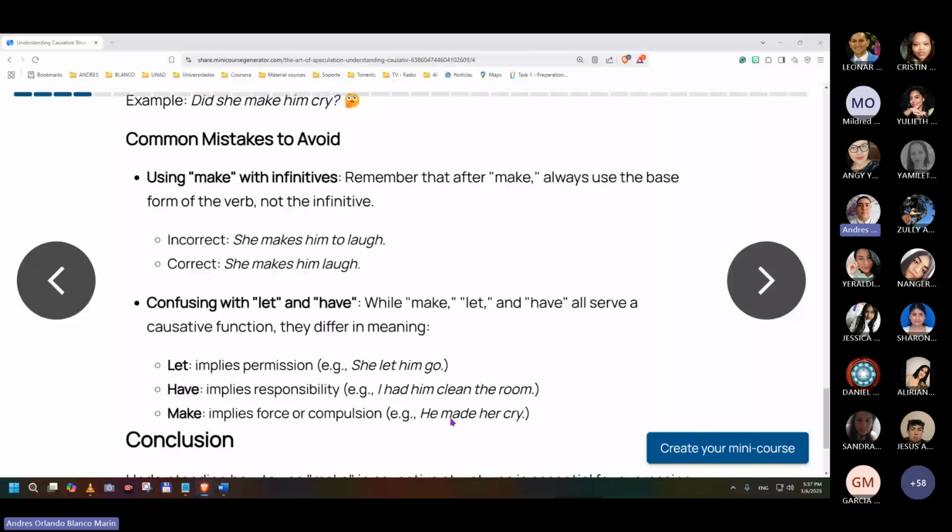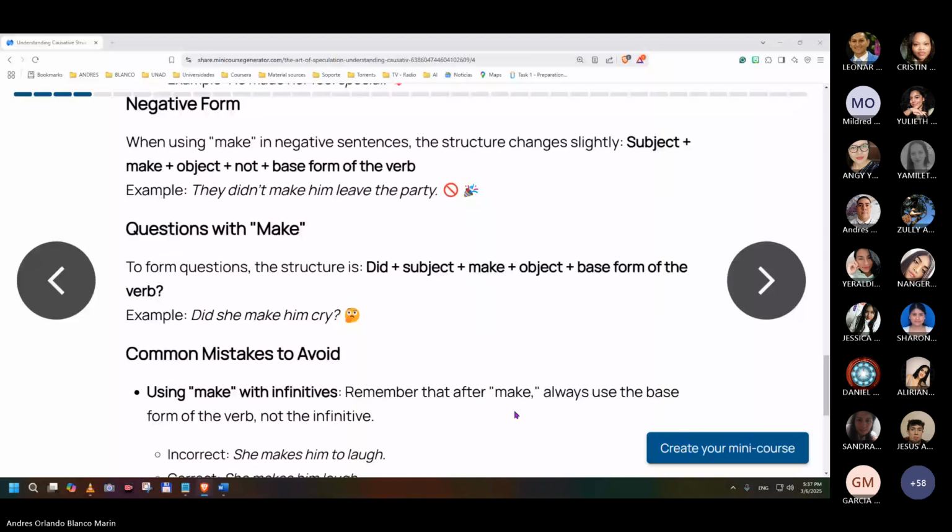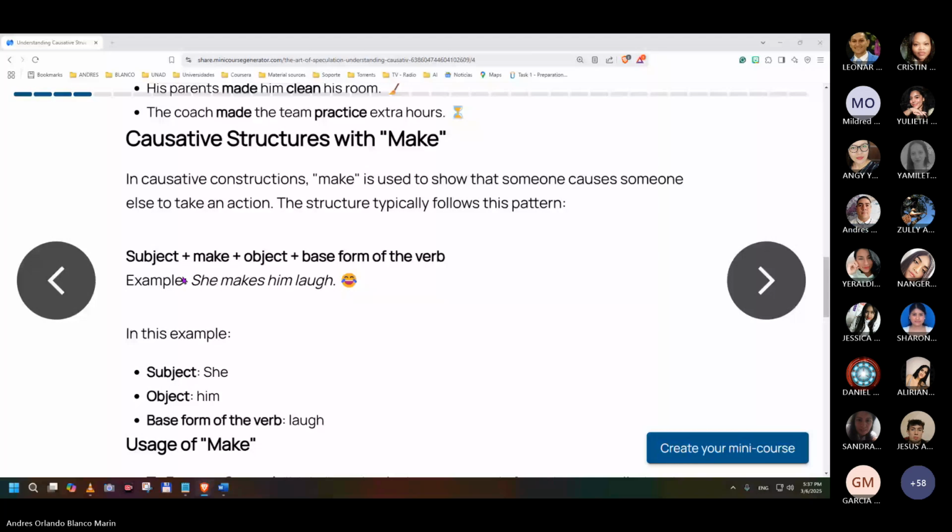So this is our first causative verb, make. Again, the structure is subject plus make. Remember, it could be will make, makes, made, then the object, and the base form of the verb.